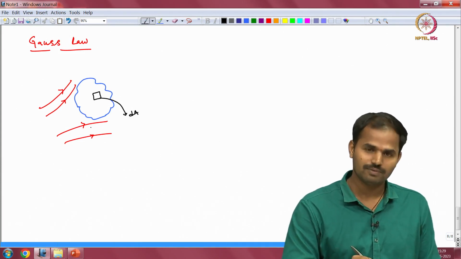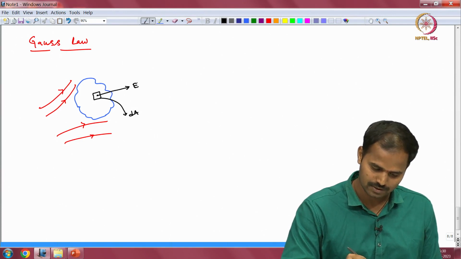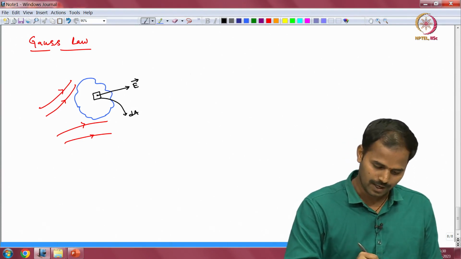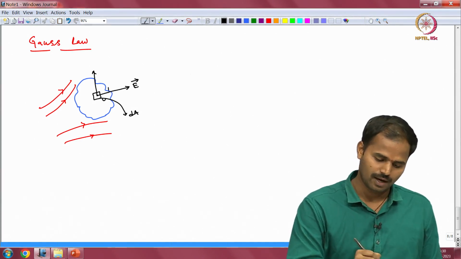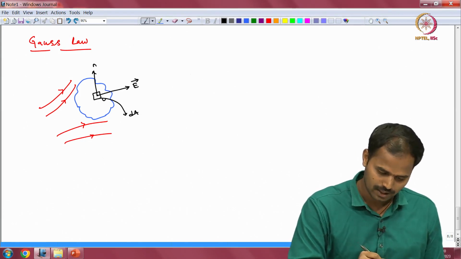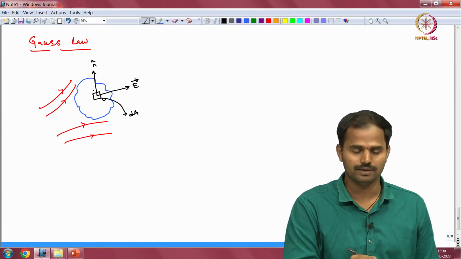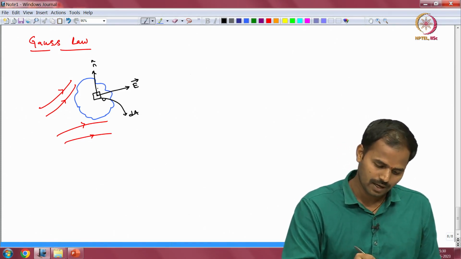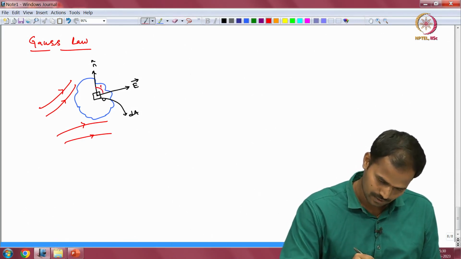With respect to the flux line direction, the electric field direction is also in this manner, and a unit normal to that plane is n bar, n cap I can say, that is the unit vector. The angle between E and the unit vector is theta.